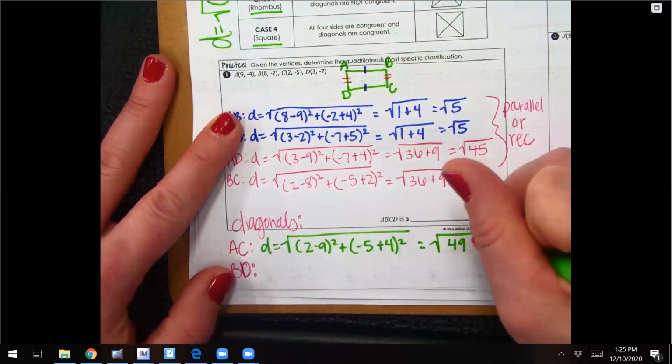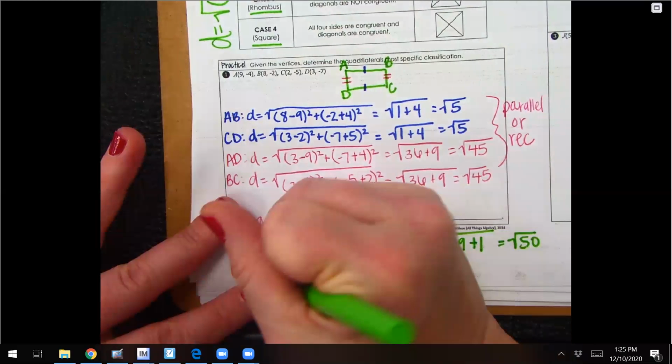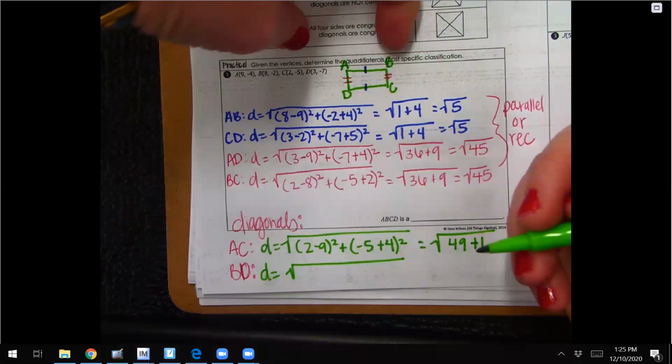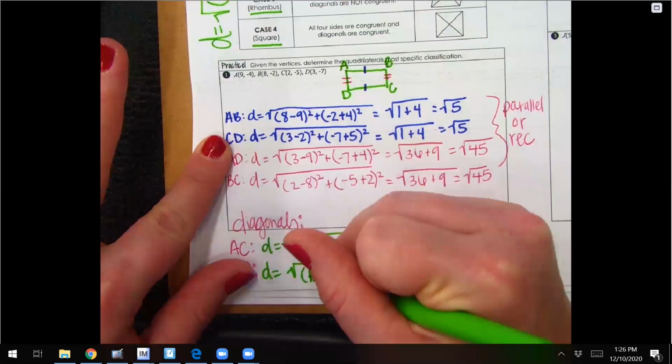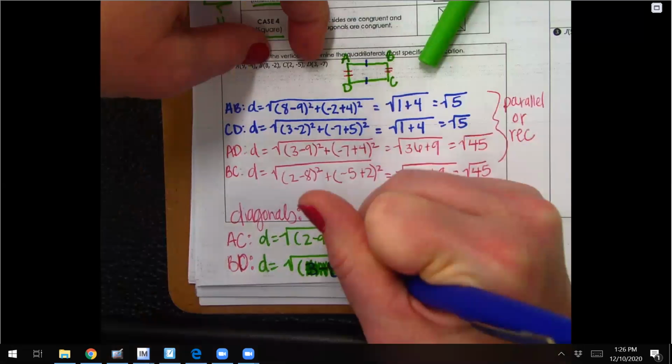Again, I'm stopping. It's fine. The distance between B and D. That is going to be, no, that's not where the x is. So, sorry, it's going to be 3 minus 8, squared, and then negative 7 minus negative 2, squared.